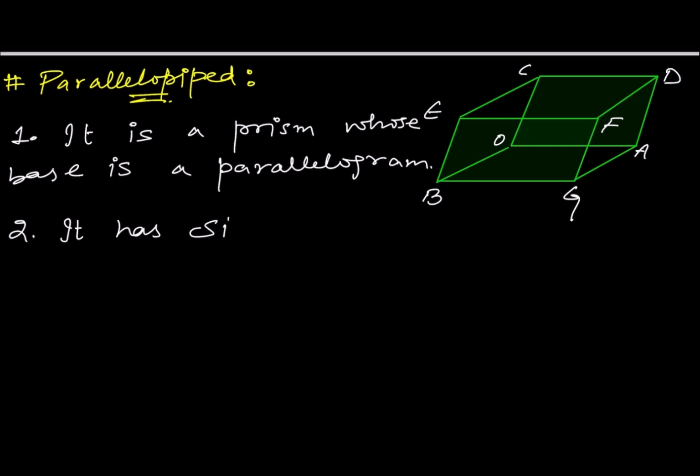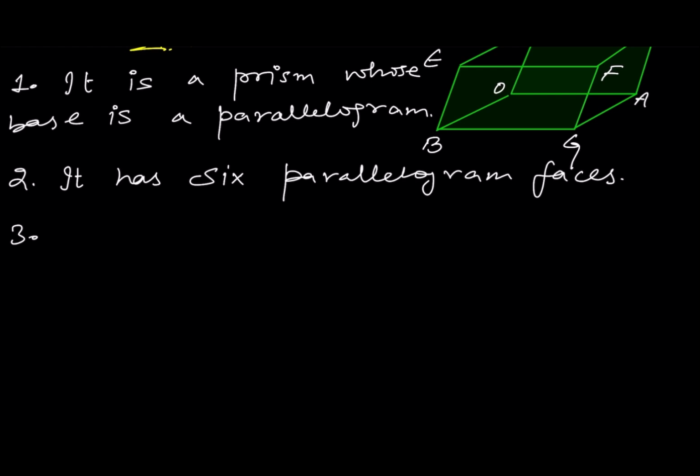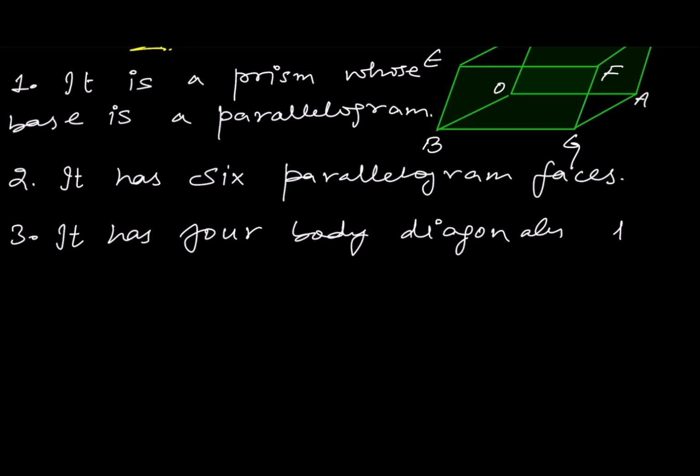6 parallelogram faces. Number 3, it has 4 body diagonals and 12 side diagonals, which are also called face diagonals.